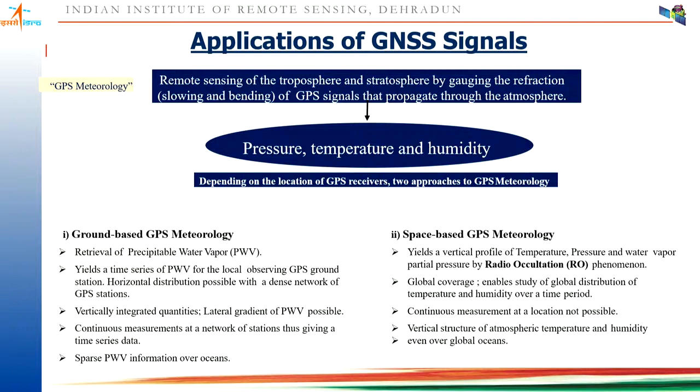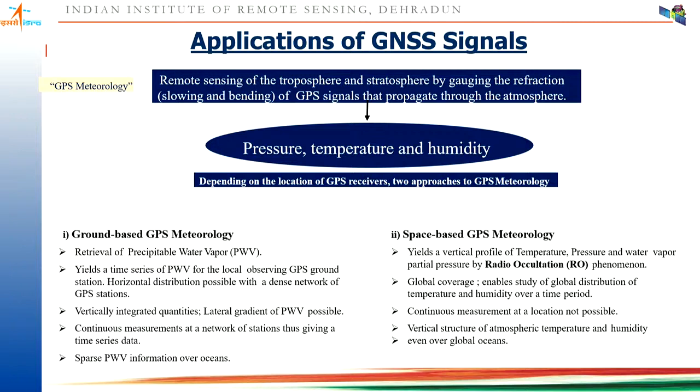There are some positives and negatives on both sides. Here we are retrieving precipitable water vapor, and it yields a time series of PWV for local observing GPS ground stations. Horizontal distribution is possible with a dense network of GPS stations.